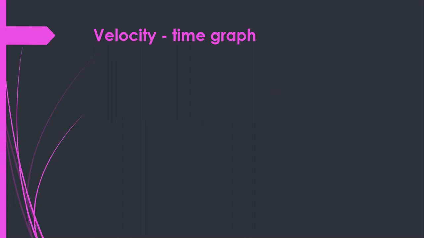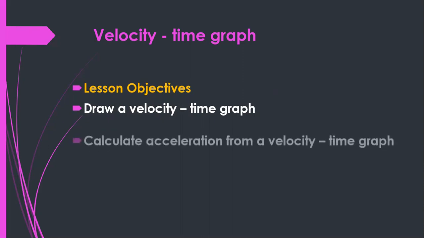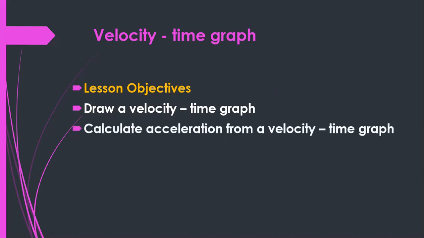So in this video, you are going to learn about velocity time graph. Our lesson objectives include: draw a velocity time graph. Secondly, you're going to learn how to calculate acceleration from a velocity time graph.